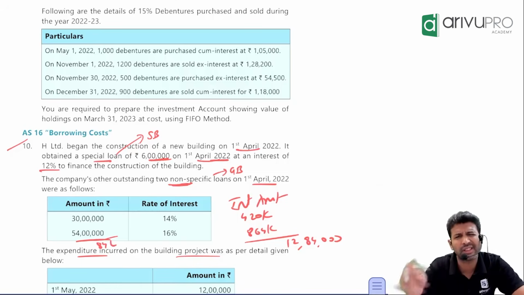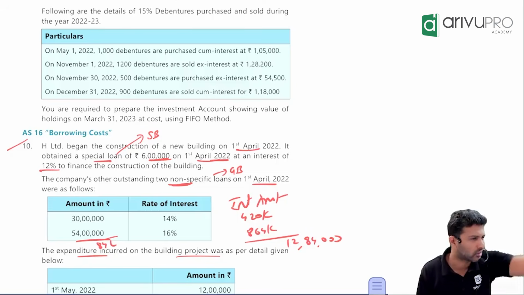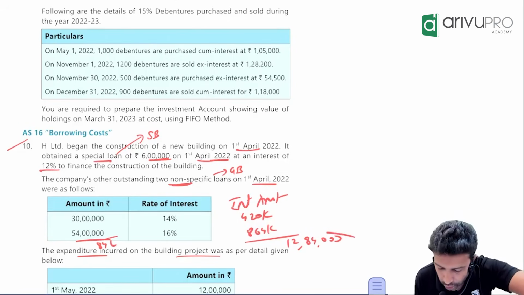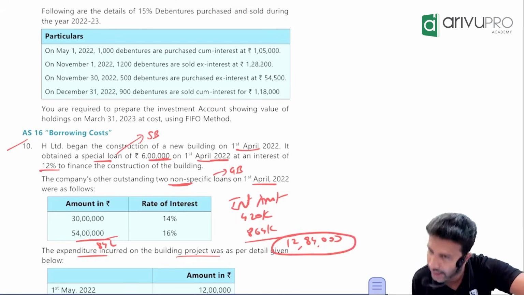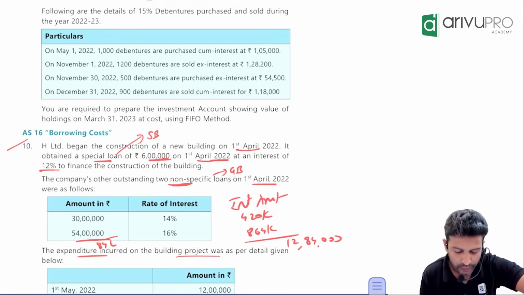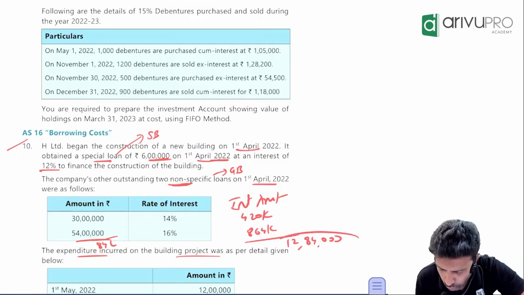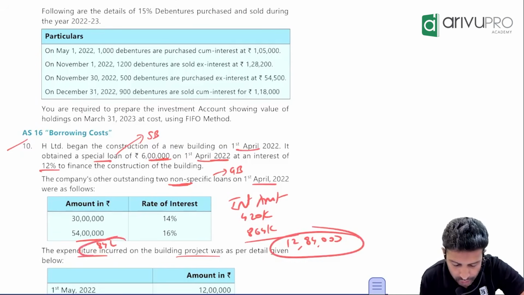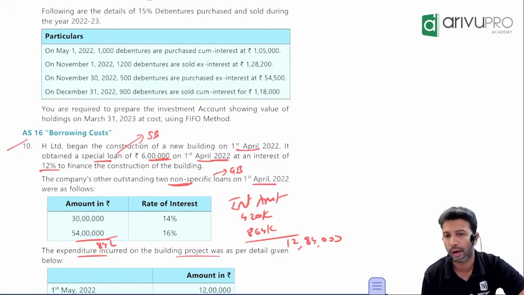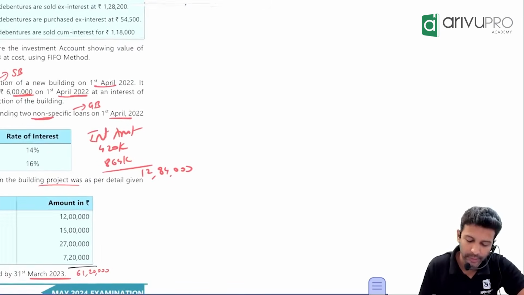How does this capitalization rate work? It is very simple. On average, you are paying 12 lakh 84,000 interest on how much loan amount? 84 lakh. So this is the total interest you are paying on a total general borrowing of 84 lakh. That means what is the average interest rate you are paying?